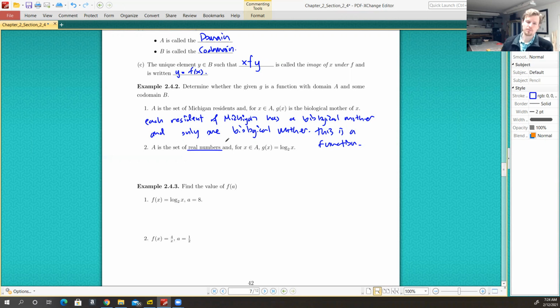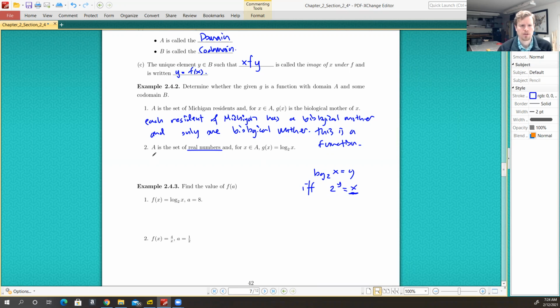It says real numbers. But if you're familiar with the logarithm, we have log base 2 of x is equal to y if and only if 2 to the y is equal to x, which means that these x's have to be positive numbers. They can't even be 0.